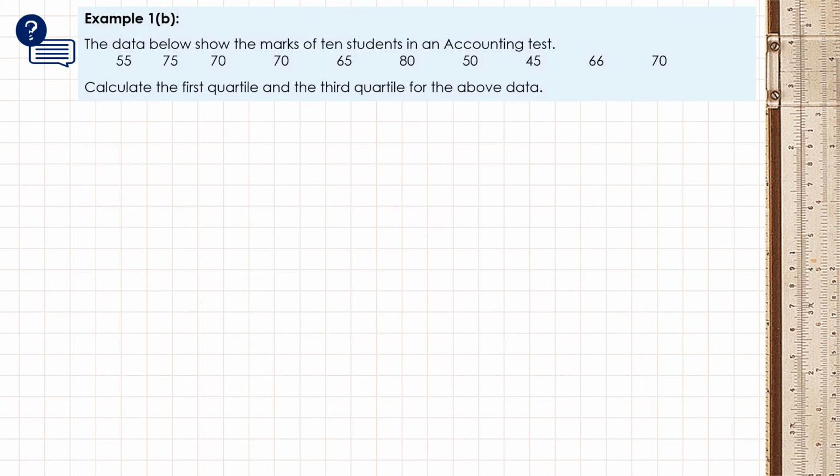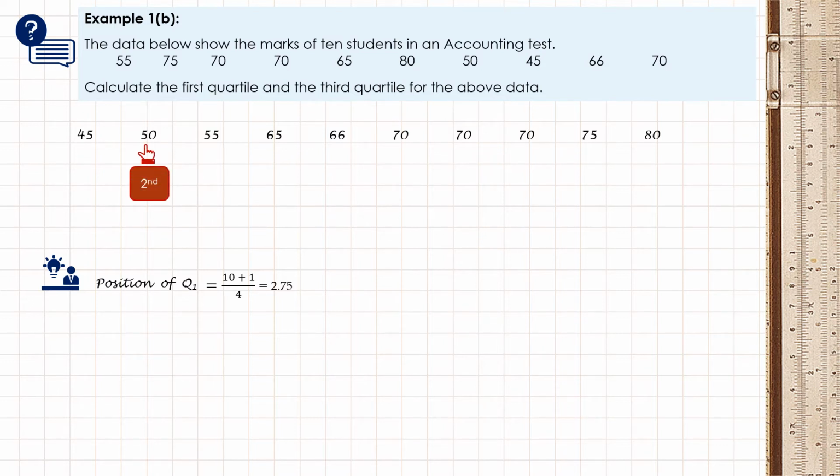Next, calculate the first quartile and the third quartile for the given data. For the first step, we arrange the data in ascending order. For the first quartile, first find the position, which is (10 plus 1) divided by 4, equal to 2.75. So the position of the first quartile is between the second and third position.